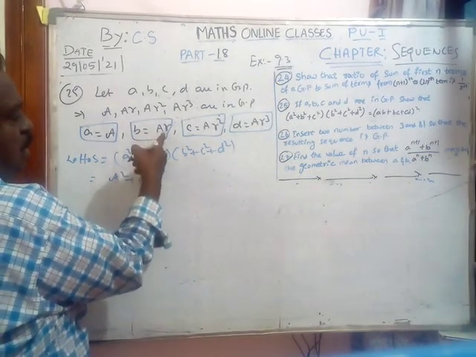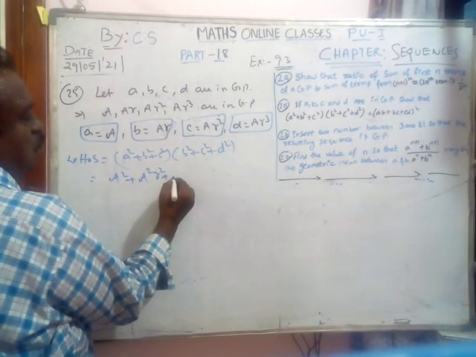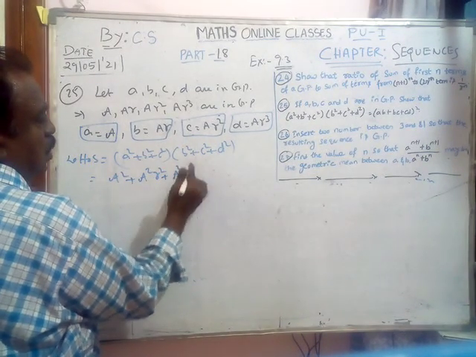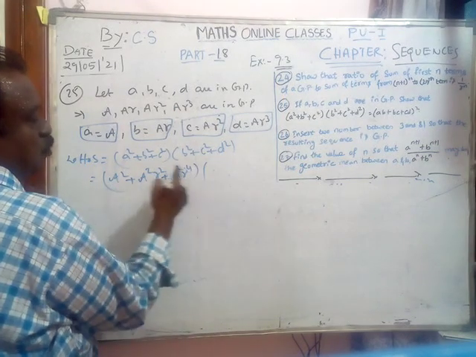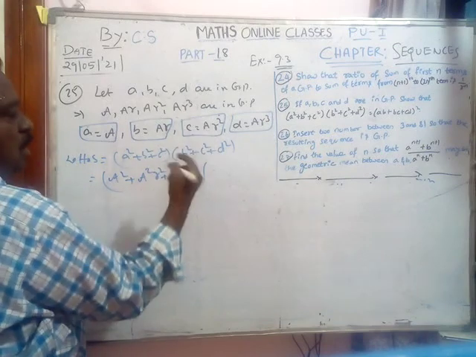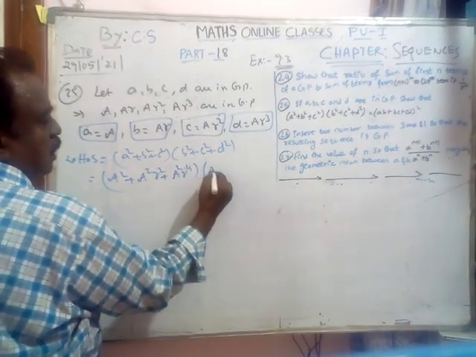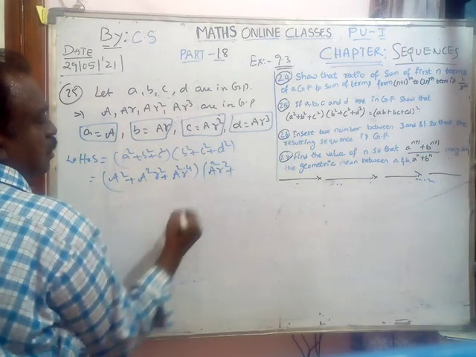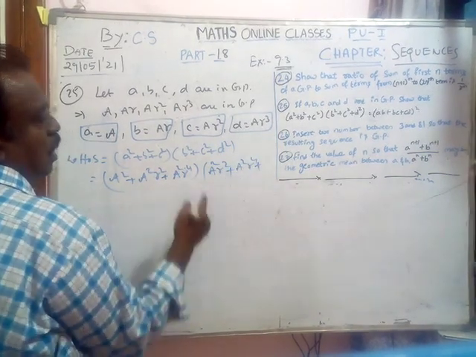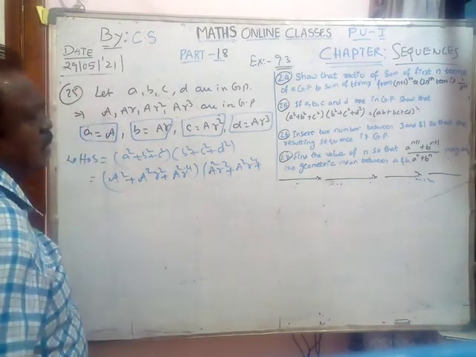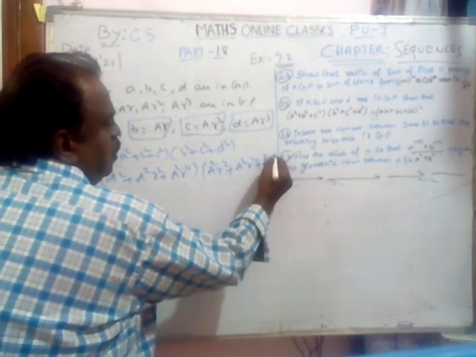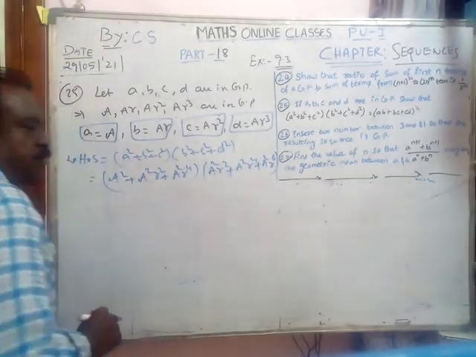C is AR square, so C square is A square R to the power 4. Here B square is already written and C square is already there, A square R power 4. And D is AR cube, so D square is A square R power 6 will come.